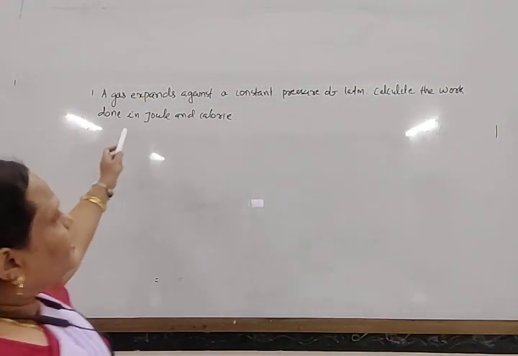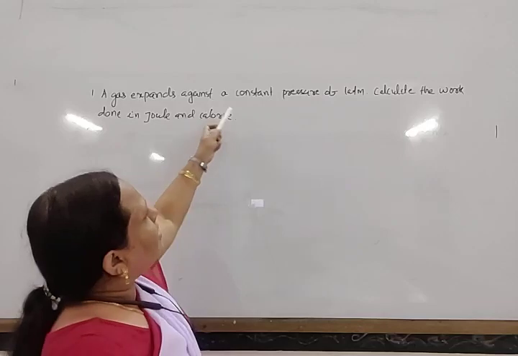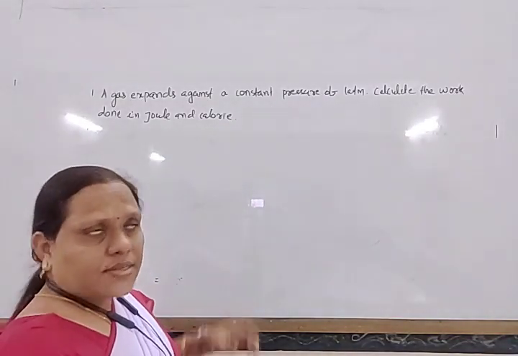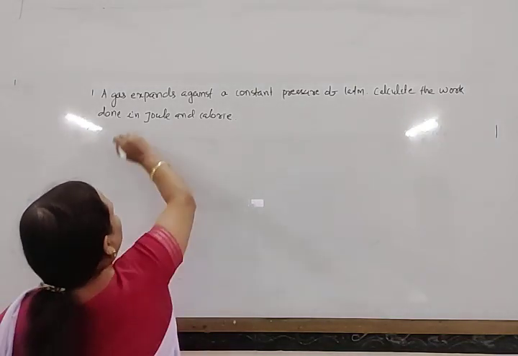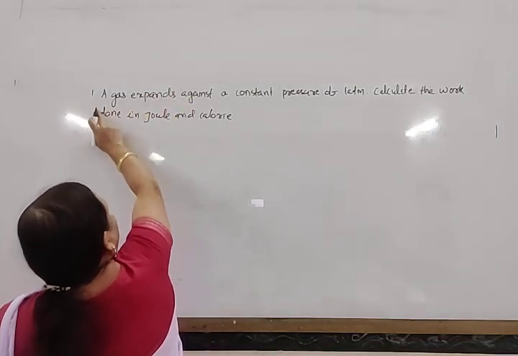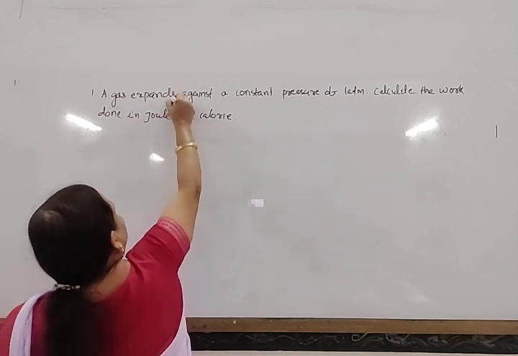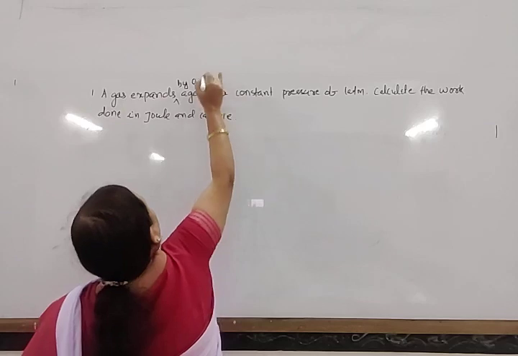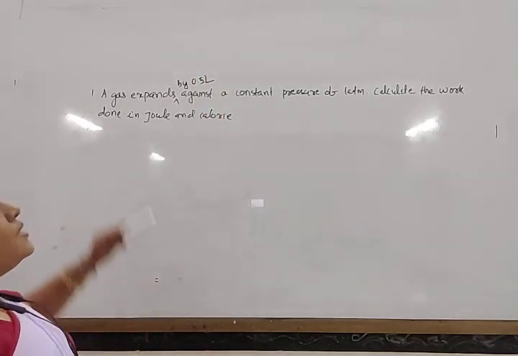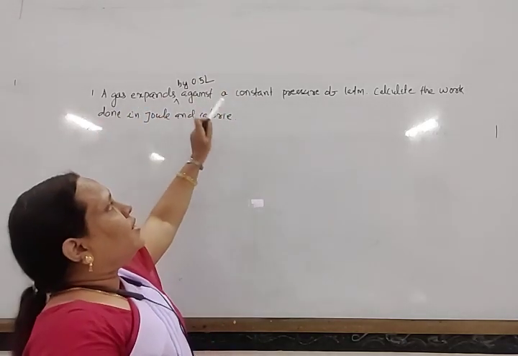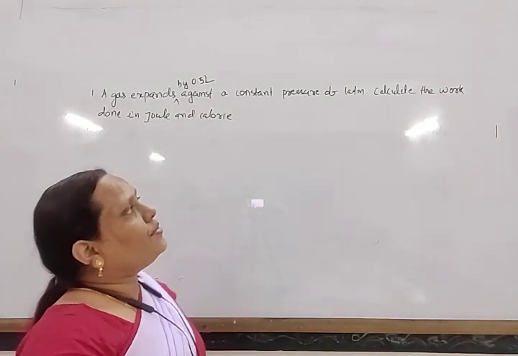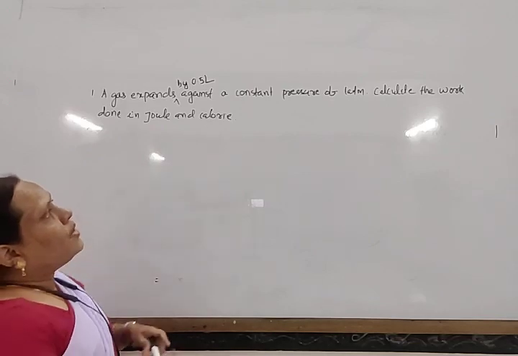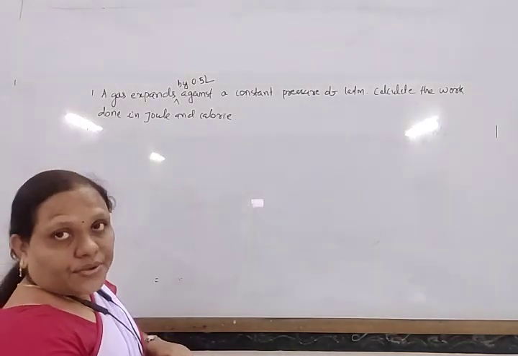Here the pressure is given, but how much the volume changes is not given, so the question is slightly wrong. I want to correct this question. A gas expands by 0.5 liter against a constant pressure of 1 atmosphere. Calculate the work done in joule and calories.